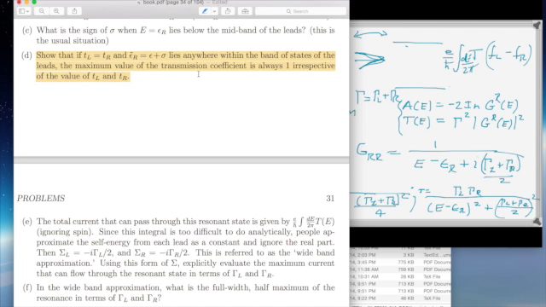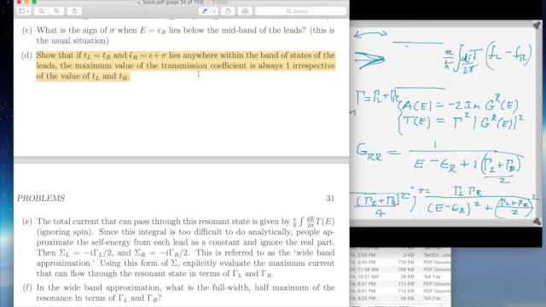As I make the coupling weaker, the resonance eventually has to go back to a true delta function as that coupling goes to 0. And so the coupling determines the width of the resonance. And you'll see when you look at this that the height is always going to be 1.0 for the transmission, for symmetric coupling.